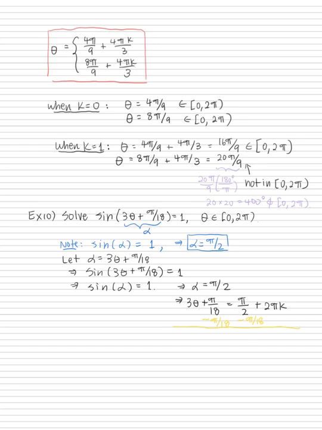Okay, so what do we get? So looks like we're going to have 3 theta equals, what is that, 4 pi over 9 plus 2 pi k. Okay, all right, now solving for theta, we need to multiply everything by 1/3.